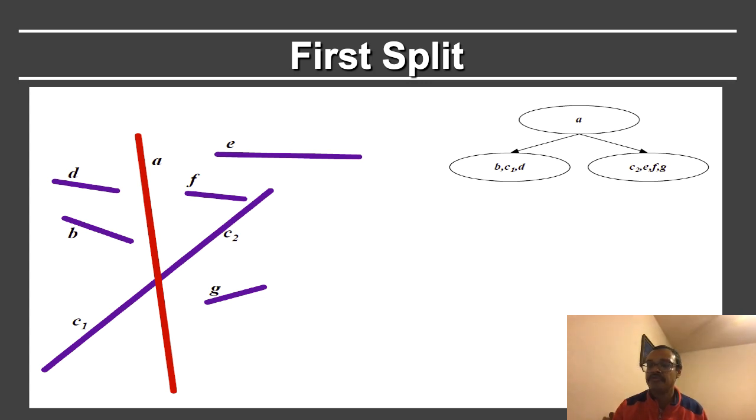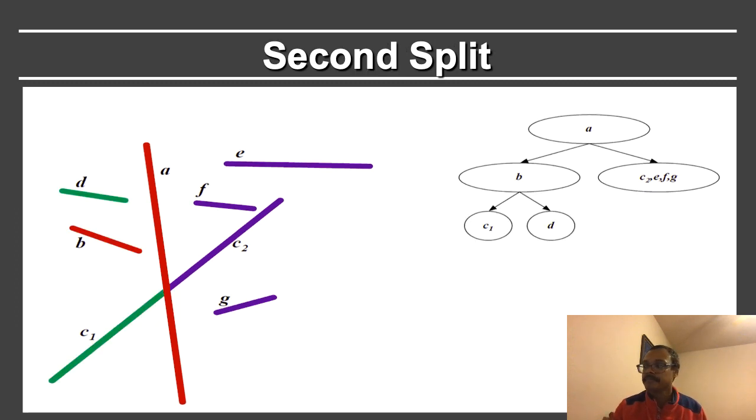D and B form clearly into the left component. E, F, and G clearly land in the right component. For the object C itself, I need to split it into 2 parts, which is C1 on the left and C2 on the right. And so I will need to split objects corresponding to the splitting plane.